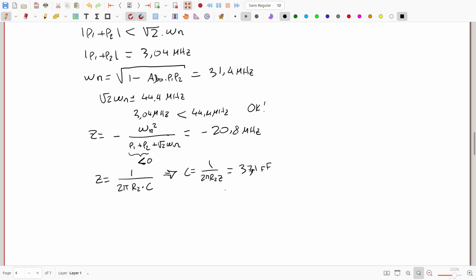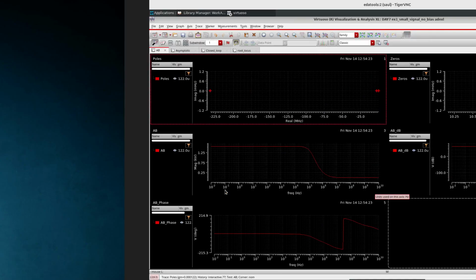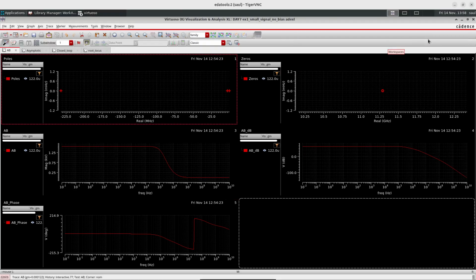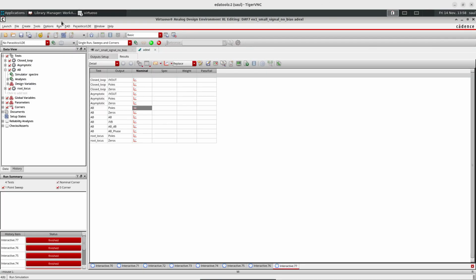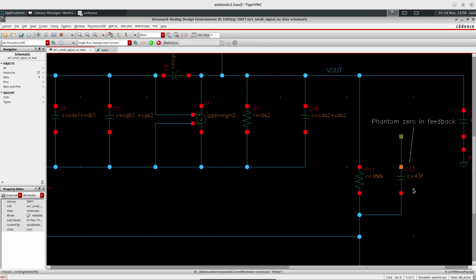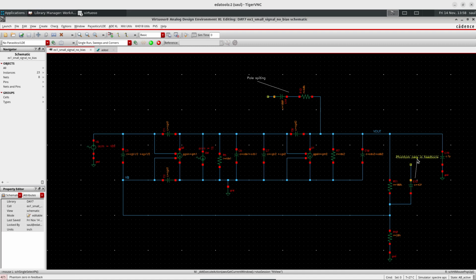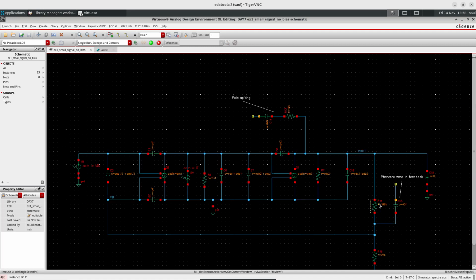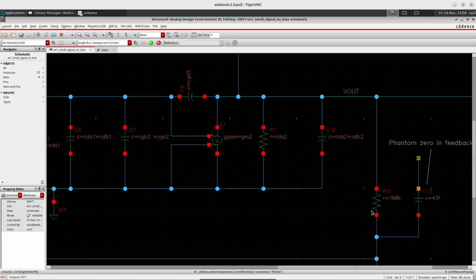So we go to Cadence, and we can delete this here. I have placed here a capacitor in parallel to the resistor that in my schematic is R11, but in our calculation is R2, the feedback capacitor.